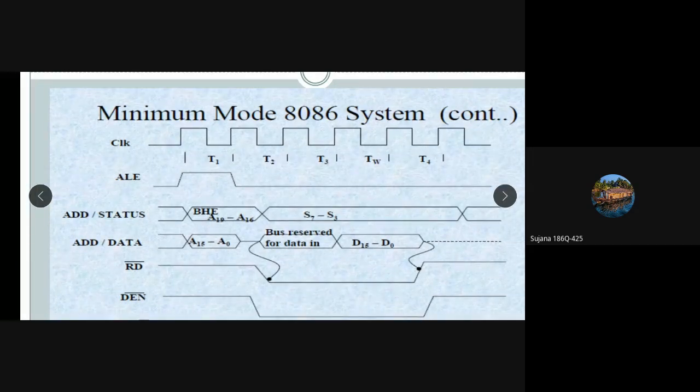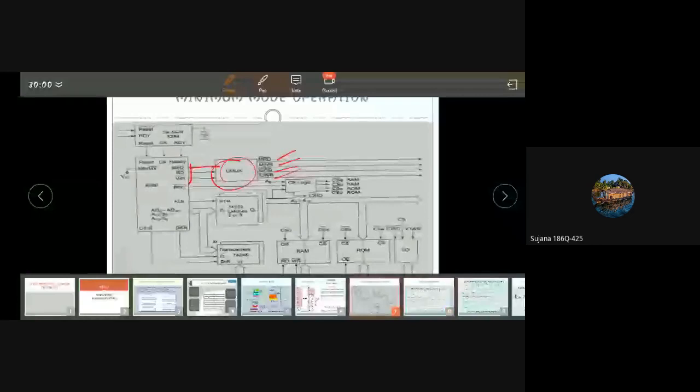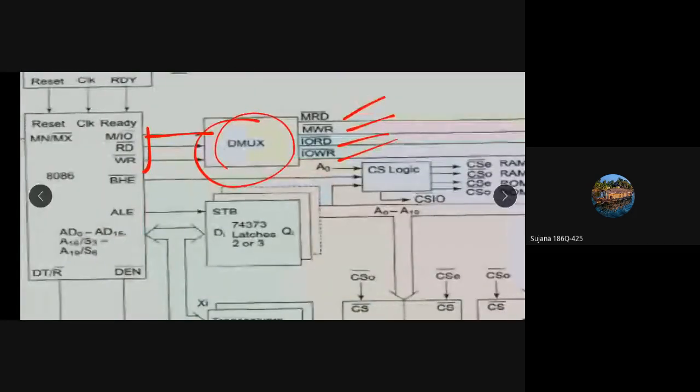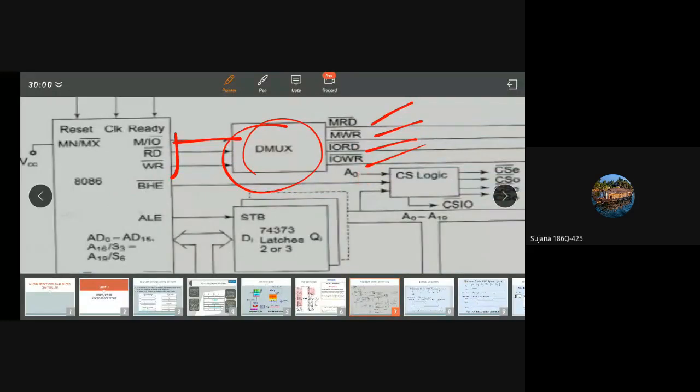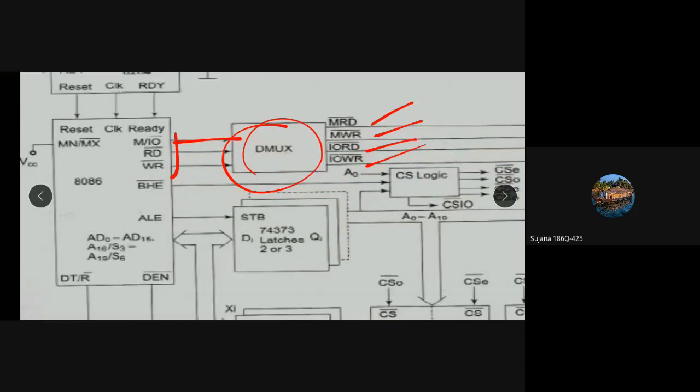I have said that this control logic will be enabled by using the BHE and A0 signals. These signals should both be low or both be high.